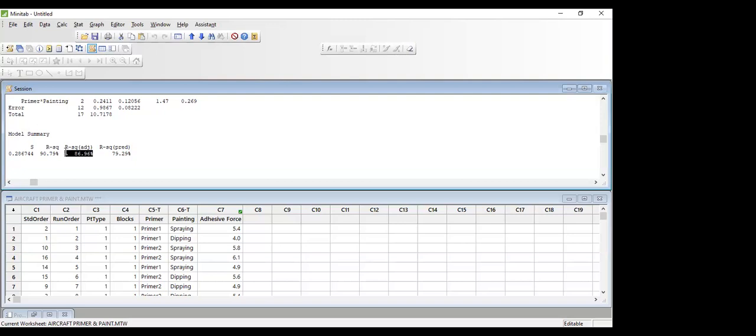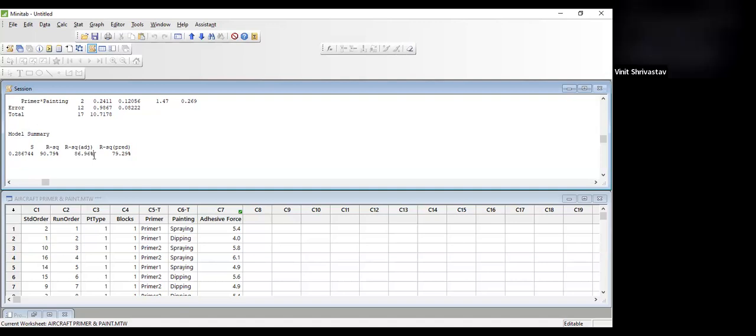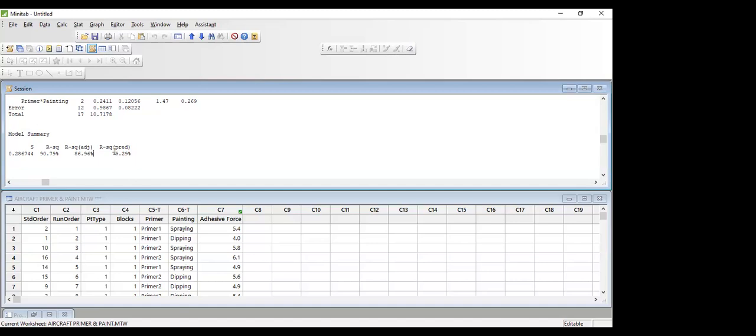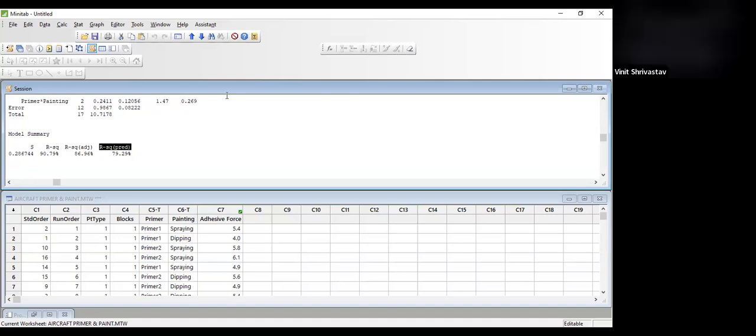This is the improved version of your R square. So this is the best indicator. This is also above 80%. So your model and assumptions, everything holds good so far. There is one more thing called predicted R square. Predicted R square is how much? 79.29. That means, can I use this?